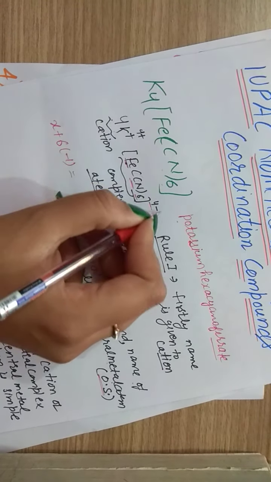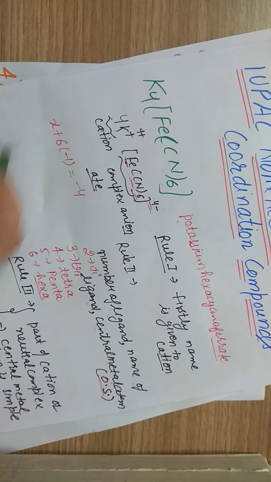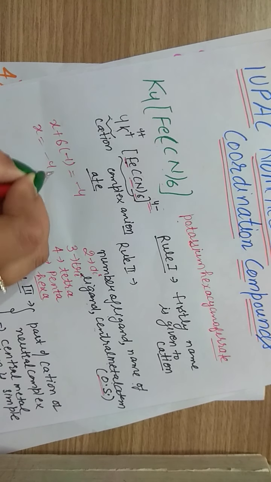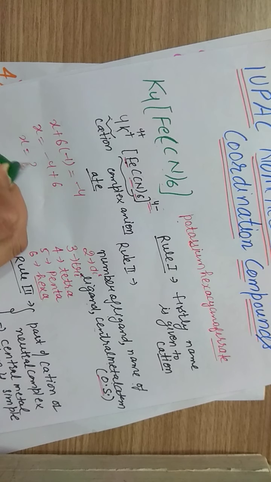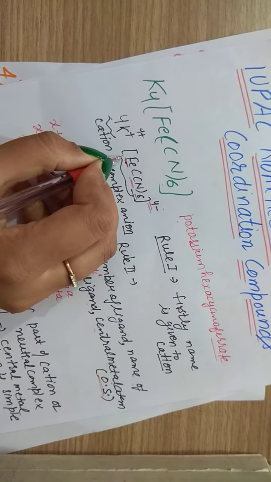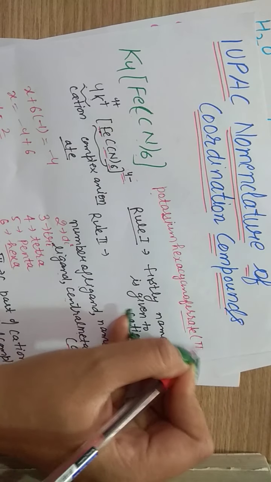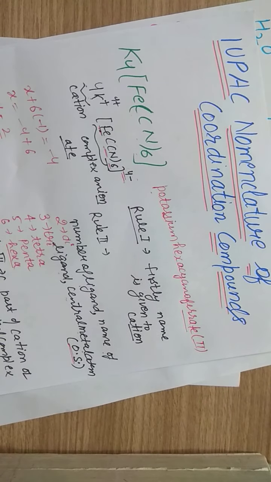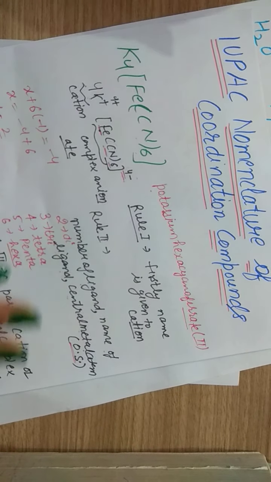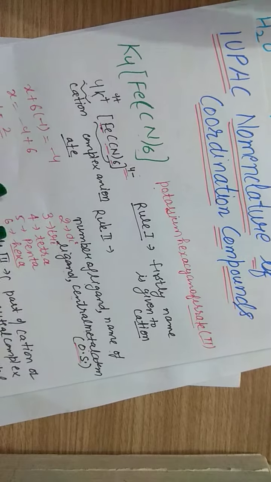This is equated to the whole charge on the complex anion, which is -4. So the value of X comes out to be 2. That is, the oxidation state of iron is +2, which is written here in brackets with Roman numerals. This is the very simple IUPAC naming of a complex.